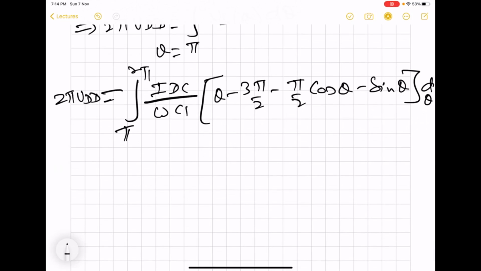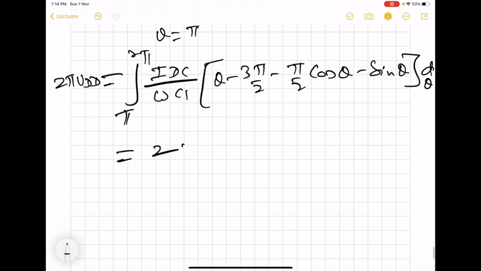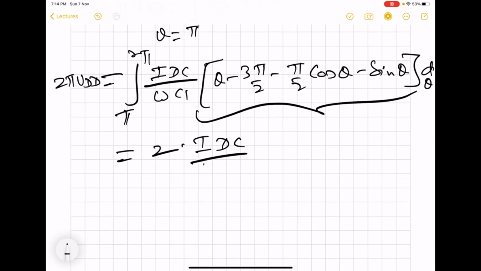So now if one carries out this right hand side, this will finally turn out to be equal to 2 pi IDC by omega C1.